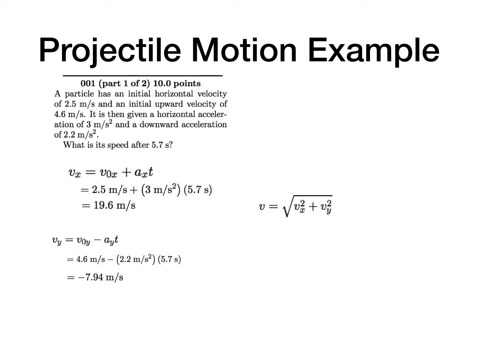We enter in our numbers, 19.6 meters per second squared plus negative 7.94 meters per second squared, take the square root, and we see that the answer to our problem is 21.1472 meters per second, which is the velocity after 5.7 seconds.